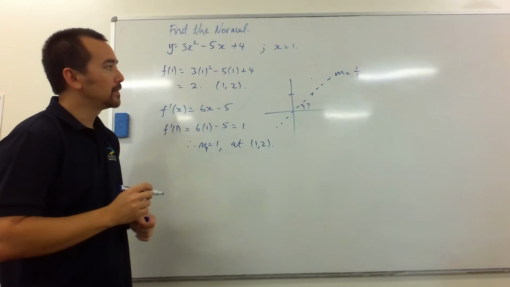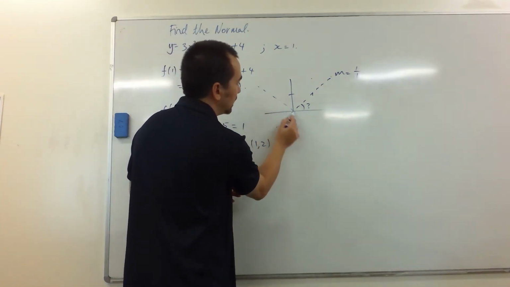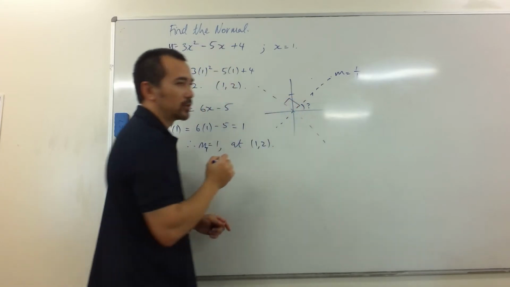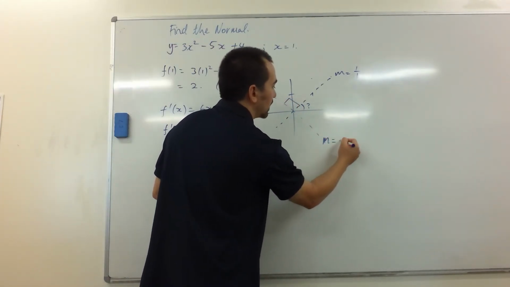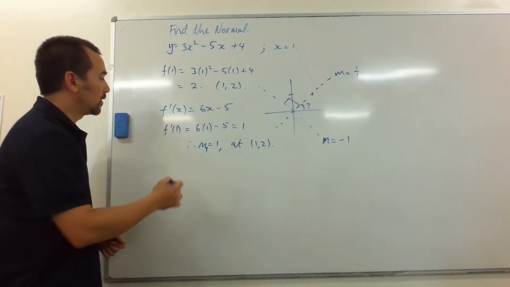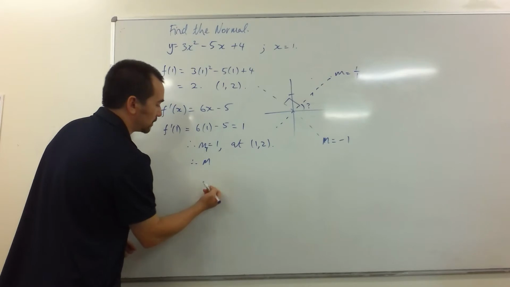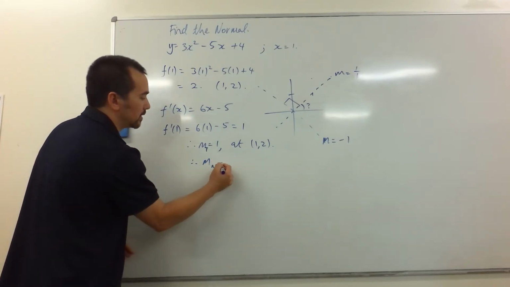Cool. So the normal then would be like this. This has to be 90 degrees to the tangent. What would this gradient be? -1. Okay, so this is an easy question. You can see that straight away. All right, so therefore, the gradient of the normal, capital N, is equal to -1.